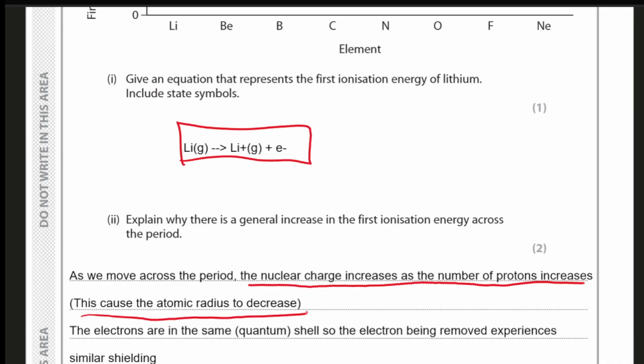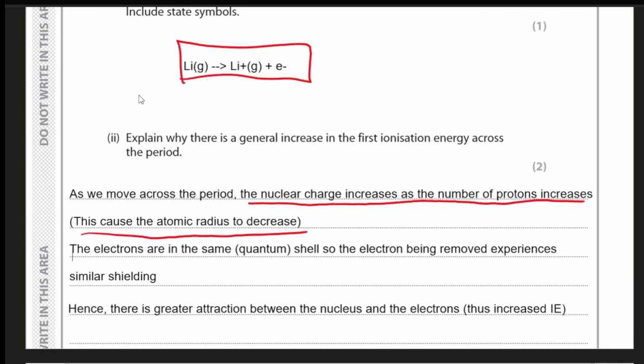So the number of inner shells is not changing, and the shielding effect remains the same. So the only factor working here is the increasing nuclear charge, so the force of attraction increases. That is why ionization energy generally increases across a period from left to right.